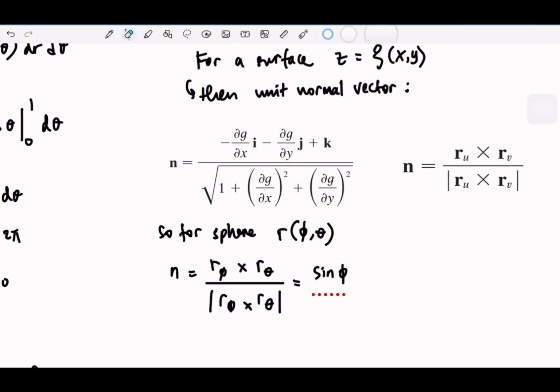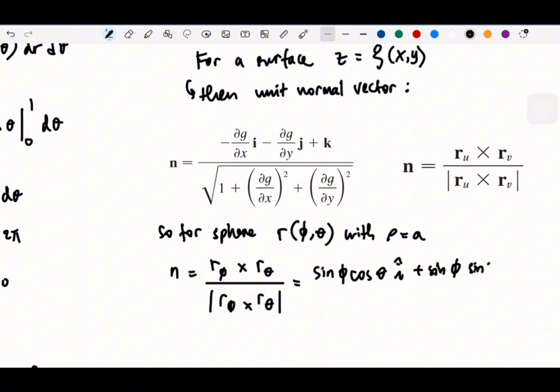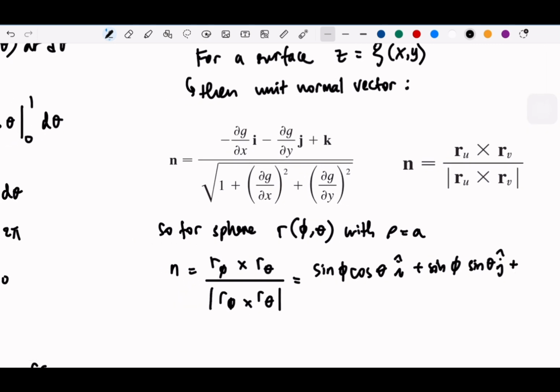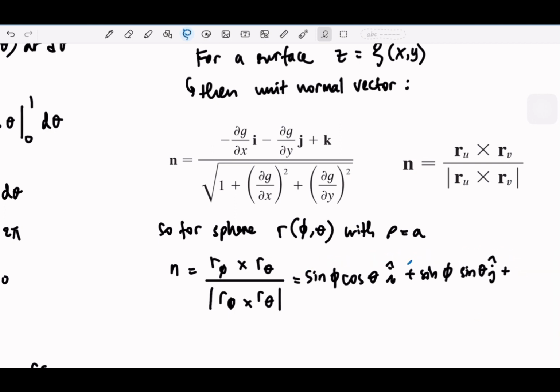Maybe let me add here, just to take notes, with radius equal A: sine phi cosine theta i plus sine phi sine theta j plus cosine phi k.